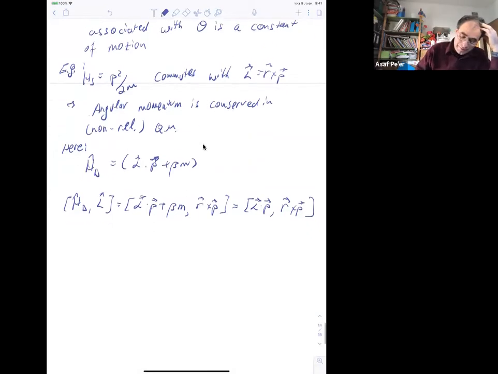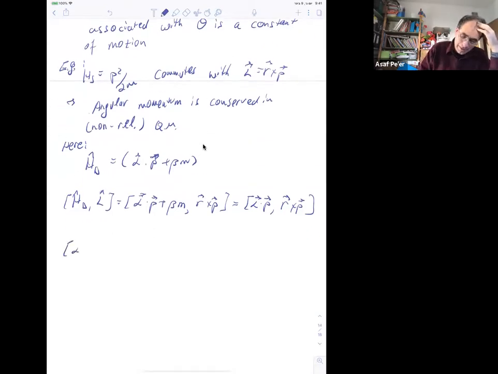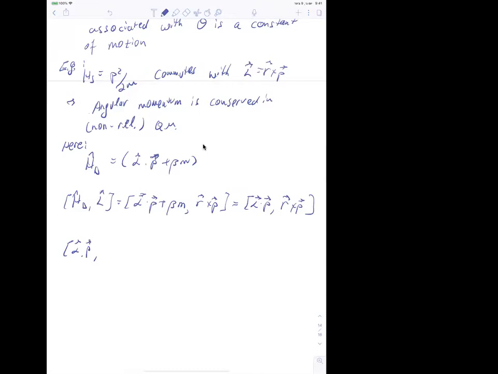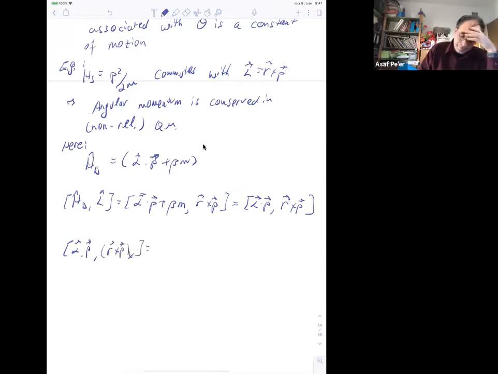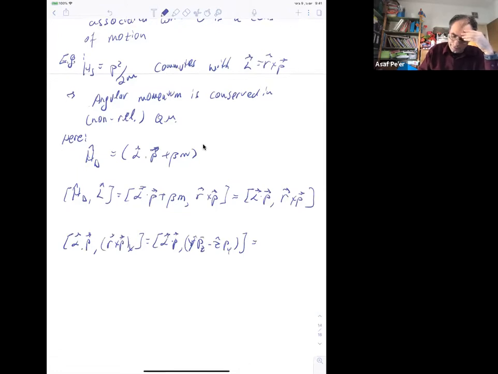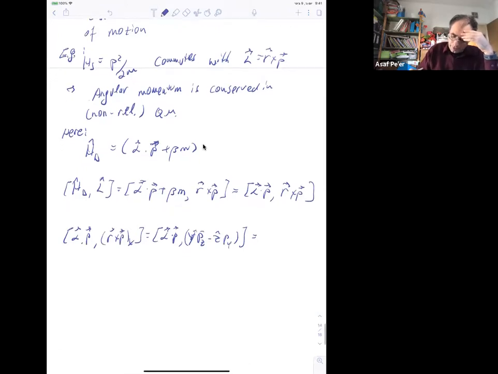Let's look at the X component. Alpha dot P with R cross P, X component. R cross P, X component, is Y Pz minus Z Py. Alpha dot P, the Px term would commute, so I don't care.